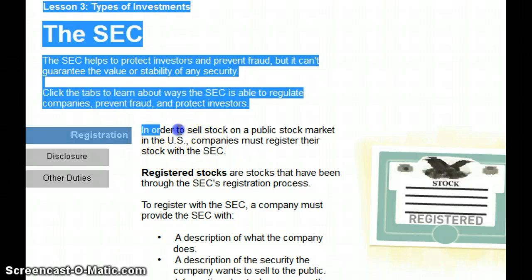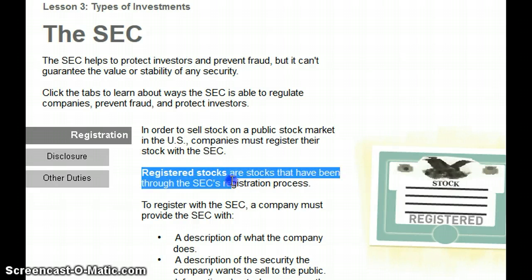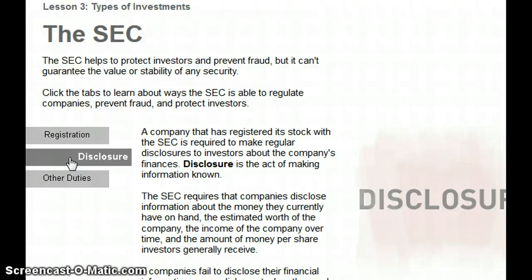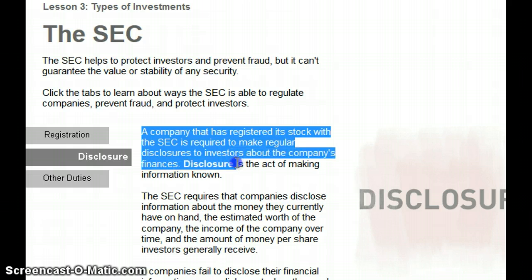In order to sell stock on the public stock market, companies must register with the SEC. Registered stocks are stocks that have been through the SEC's registration process. A company that has registered its stock with the SEC is required to make a regular disclosure to investors about the company's finances.